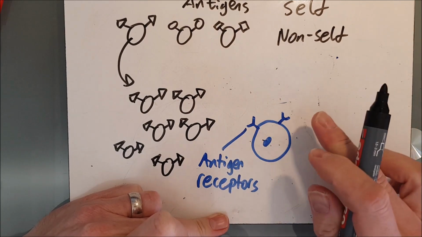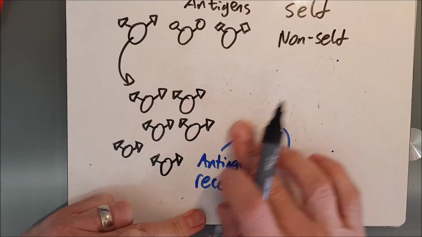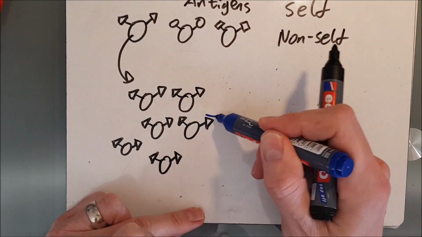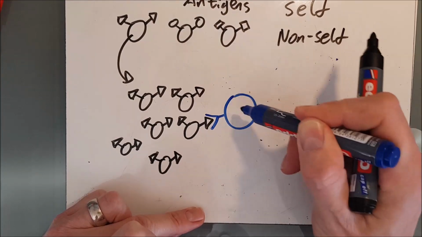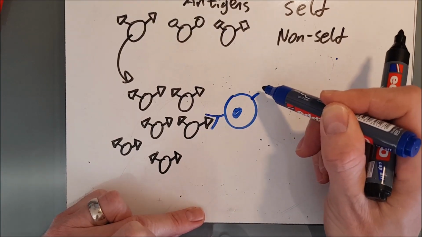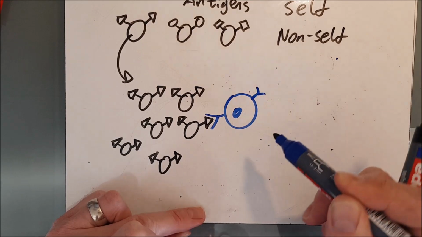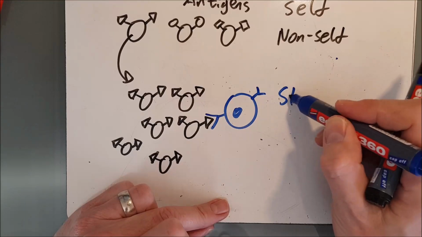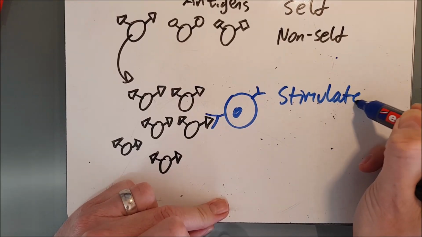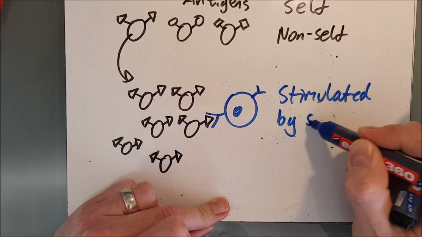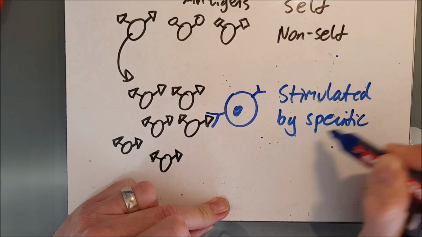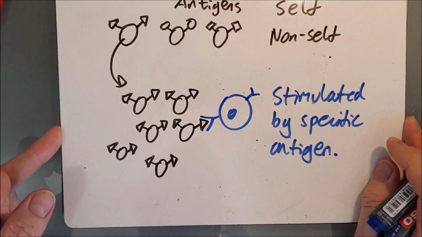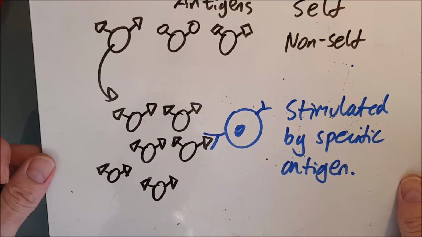So it will be moving about inside your body, and it will bind to that antigen. If it sees that antigen, it will bind to it and be stimulated by the specific antigen. And what that means is it will be activated and start to reproduce.